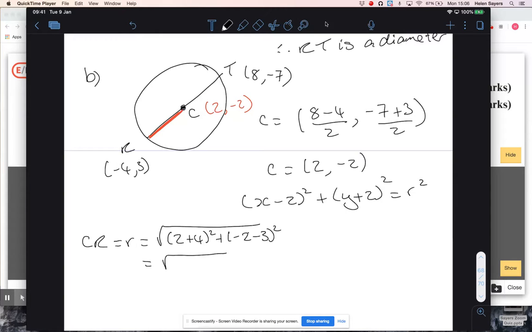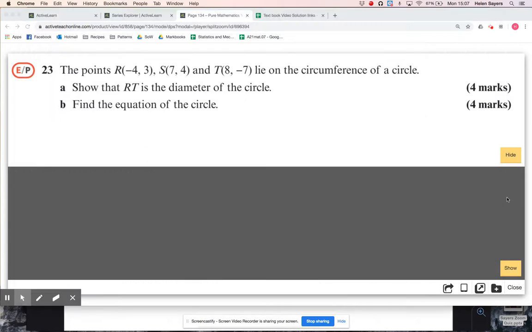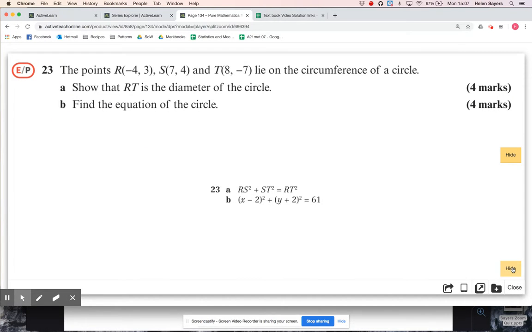So that is going to be the square root of 6 squared plus minus 5 all squared. So that is going to be root 61. But it's actually r squared I want to put there. So if r is root 61, r squared is 61. So we'll just double check that. That's what we're getting for the equation of our circle. x minus 2 all squared plus y plus 2 all squared equals 61. Awesome.